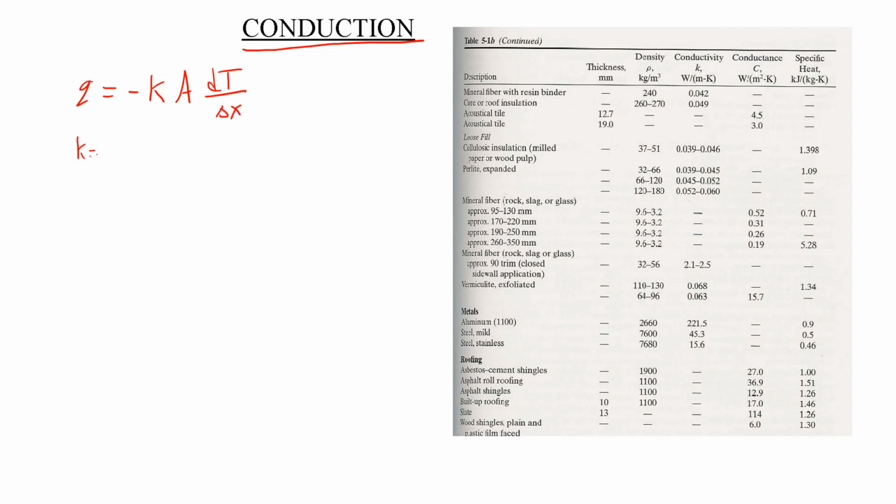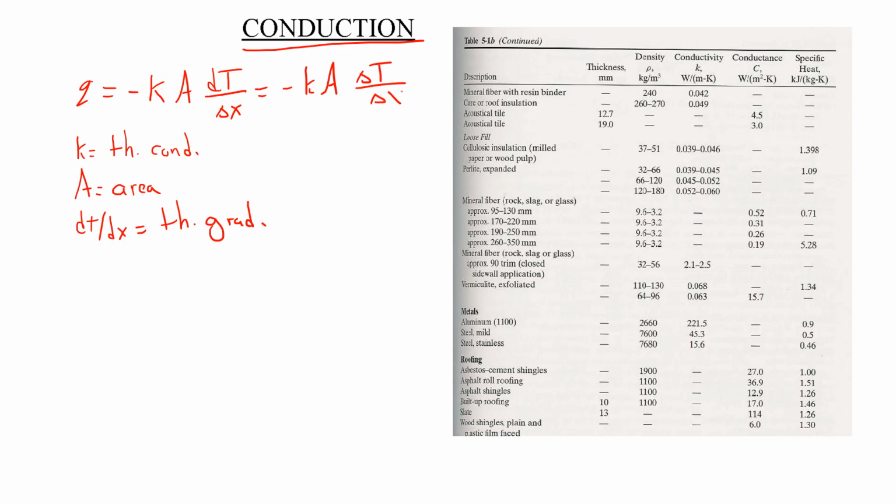Again, where k is thermal conductivity, A is area, and dT/dx is what's called the thermal gradient. Now, the thermal gradient can be approximated for our purposes as a change in temperature across a material divided by the thickness of that material.